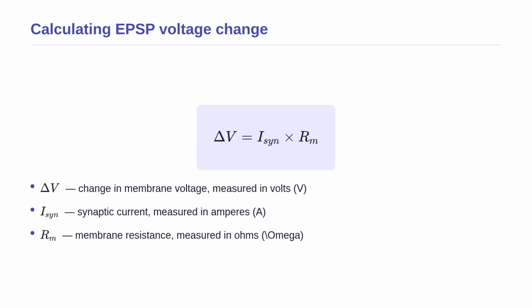I syn stands for the synaptic current, representing the flow of positive ions entering the cell in amperes. Finally, Rm is the membrane resistance in ohms, which dictates how easily ions can leak back out. Physically, if the synaptic current increases because more neurotransmitters are released, the resulting voltage change will also increase, creating a much larger and more powerful EPSP.